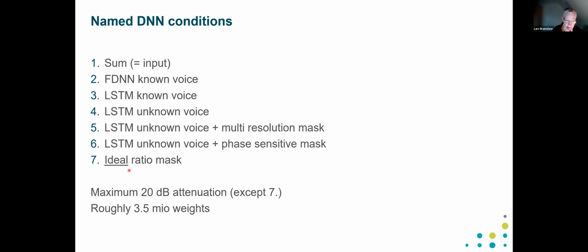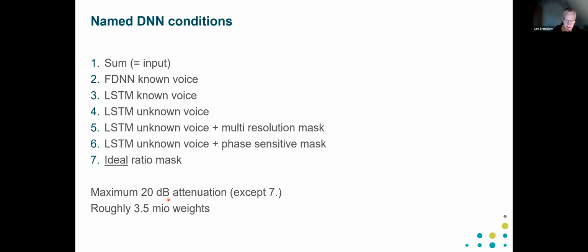And number 7 is the ideal ratio mask. So that's what we can do when we cheat and know the signals. And then you have different types, either the feed-forward network or the LSTM network, with respectively known and unknown voices, and then some more fancy ways of estimating the mask that I won't go into details with now.